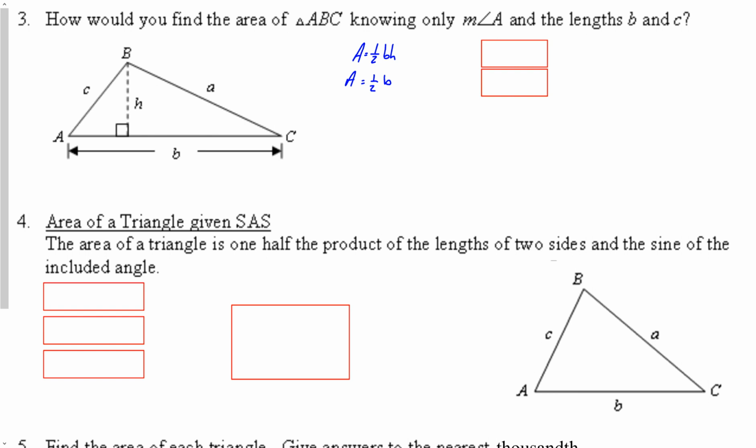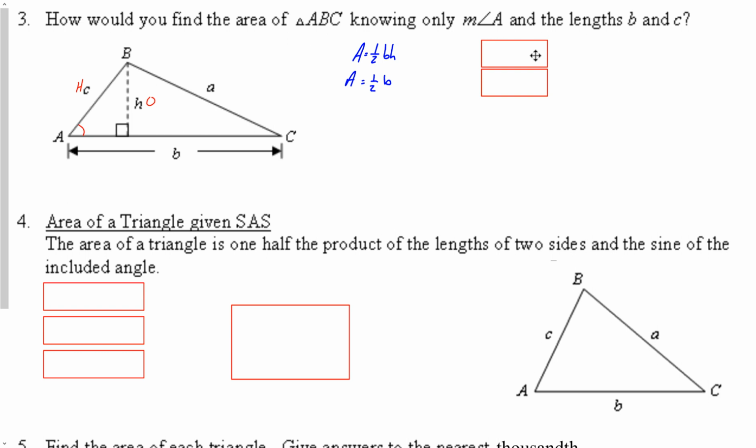So what we have to do is think about the fact that we know one of the angles. We know angle A, and we know that we have side length C as well. So this right triangle on the left portion of the original triangle here, we could actually calculate that height using the angle measure that we know and the side length that we know.